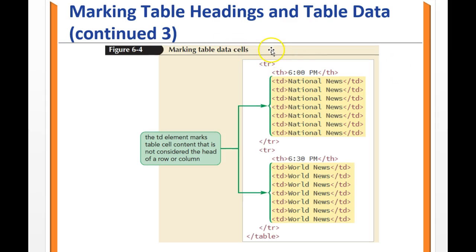And here you have the data cells. For the data cells we use TD, and the content is not bolded or anything like that. It is basically unformatted text. You can put these national news, world news entries. All of these are data cells. And of course, you close it with the table end tag as well.